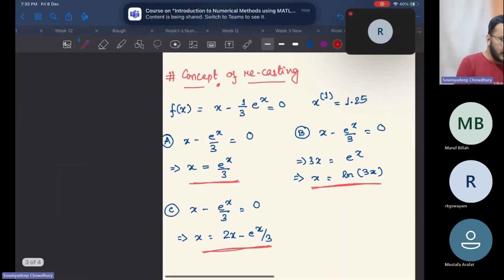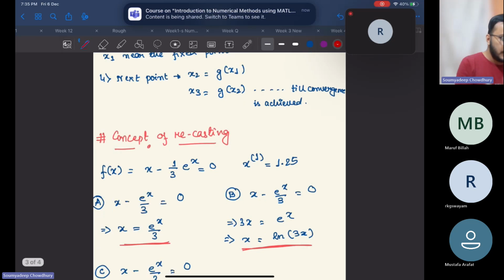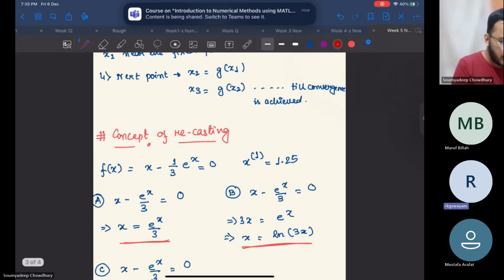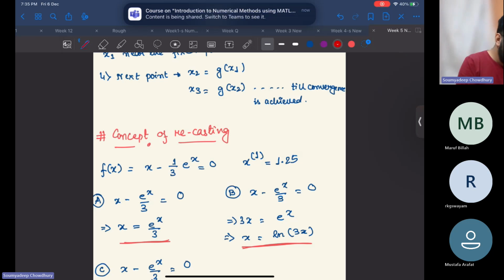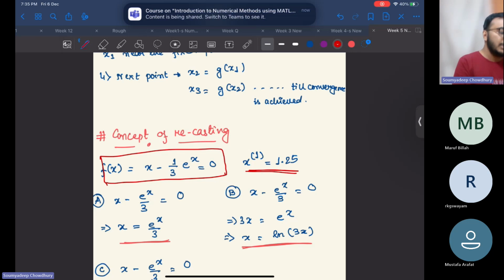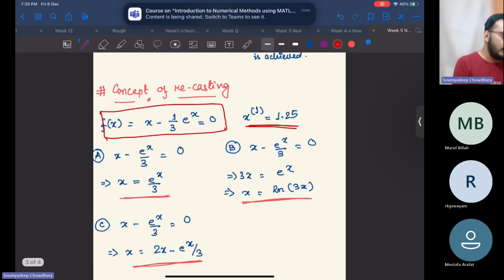So here, this was my original equation, right? We were asked to find a solution to x minus e power x by 3 equals 0, and we were given the initial guess as 1.25. Based on that, we tried to express this equation in the form x equals g of x, some function of x. There can be infinite possibilities to do this.